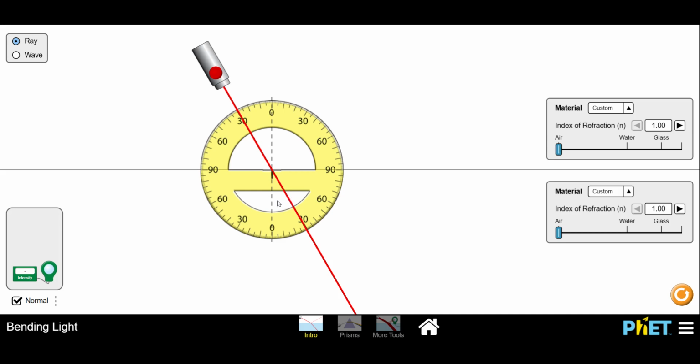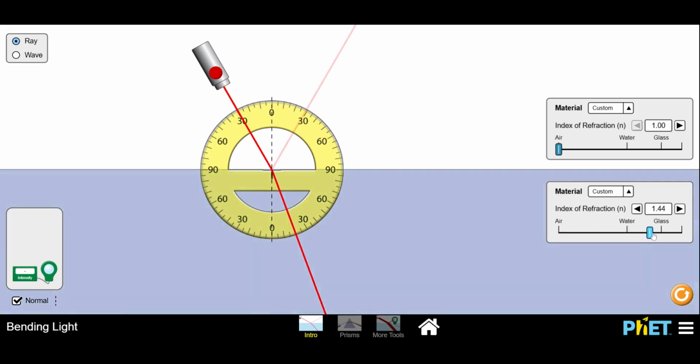If I change the index of refraction for the second material and I gradually make that bigger, then what we will observe is that the angle of refraction decreases. The light bends towards the normal. And the higher that second index of refraction, the more it bends.